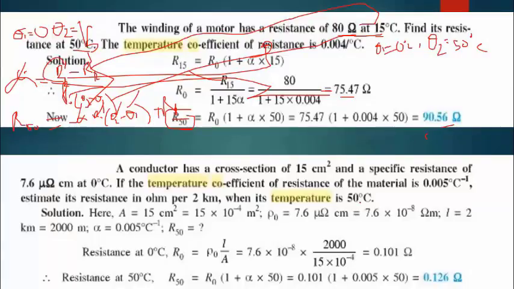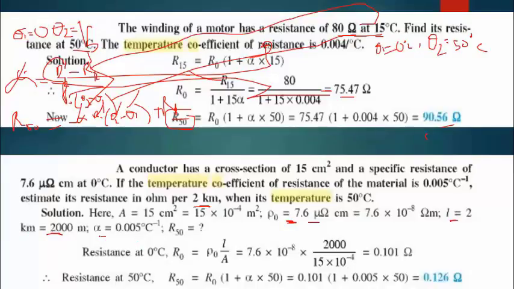So we are given the area, 15 centimeters squared, and we convert it into SI units. The resistivity is given as micro ohm centimeter, and we convert it into SI units as well. For the length, we are told to estimate for 2 kilometers, which is 2000 meters.